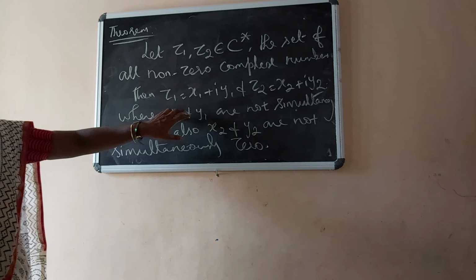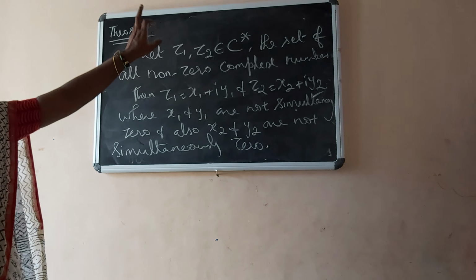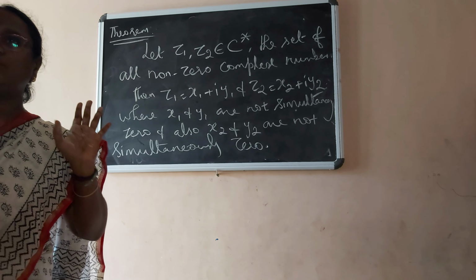What does this mean? If z1 is non-zero, then either x1 is not 0 or y1 is not 0. Z2 is non-zero means x2 and y2 are not simultaneously 0, that means either x2 is not 0 or y2 is not 0.